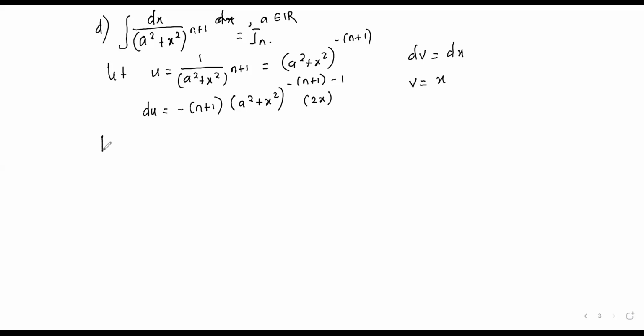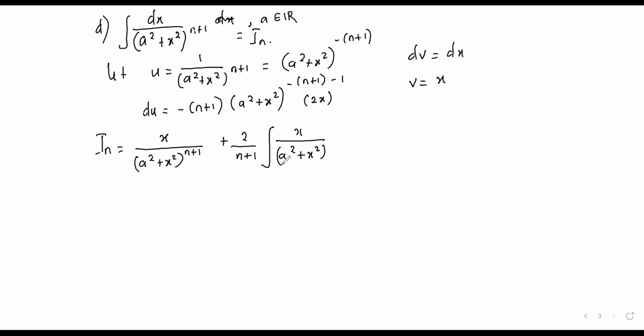And so we write our I_(n+1) to be uv, that is x over (a squared plus x squared) to the power n plus 1, minus minus, so it becomes plus 2 over n plus 1 left outside, and then the integral of x over a squared plus x squared.